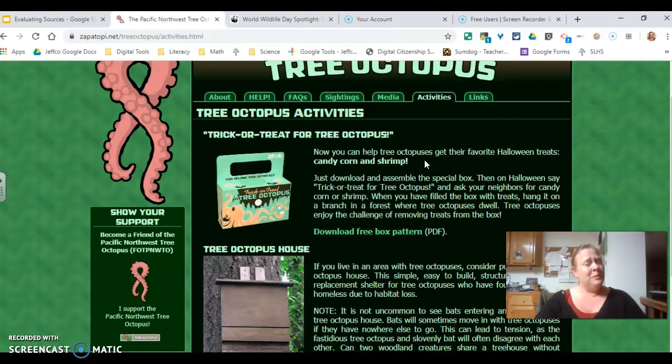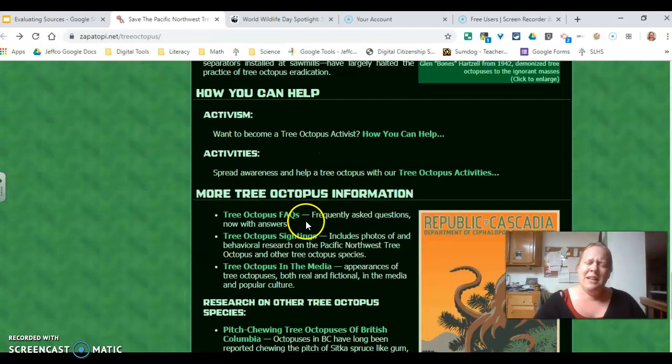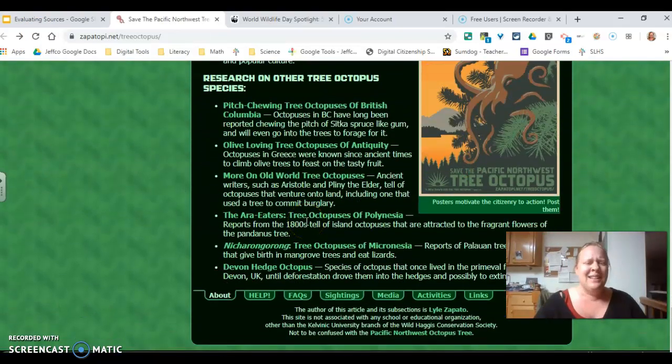I don't know about you, but I'm starting to have some doubts about this website about the tree octopus. I just don't know about that. I've never heard of an animal that likes candy corn, except maybe the human animal, and not all of us. So if I come back here, the more I look at this, the harder it is to believe.